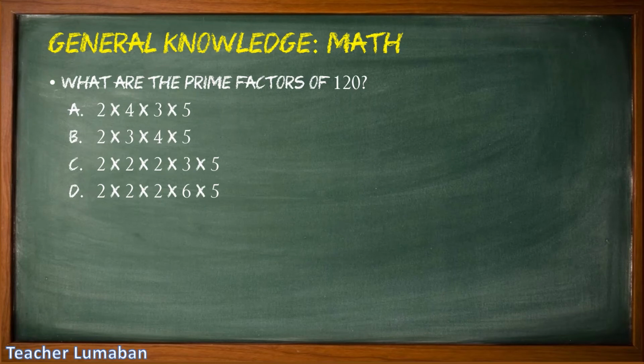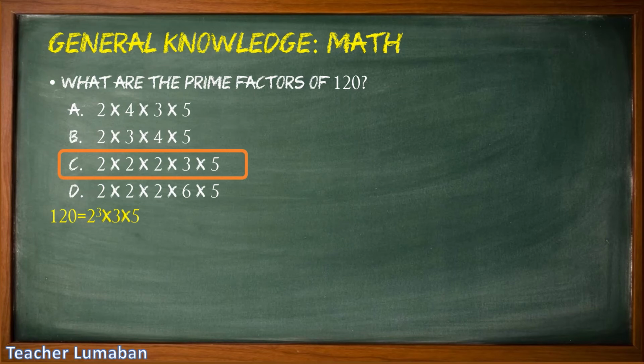The correct answer is letter C, 2 x 2 x 2 x 3 x 5. The prime factorization of 120 is 2 x 2 x 2 x 3 x 5, which is the same as 120 equals 2 squared multiplied by 3 multiplied by 5.